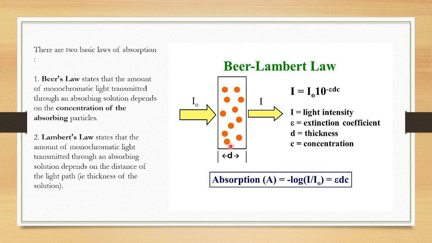These two factors combine together to form the Beer-Lambert law. The first one says that it depends on the absorbing material, and the second one is the distance of the light path or the thickness of the solution.